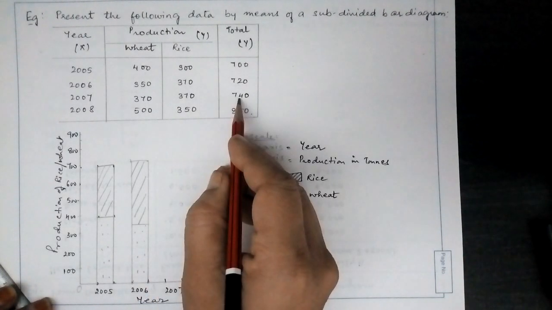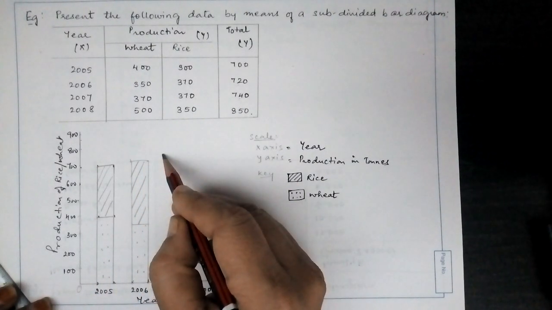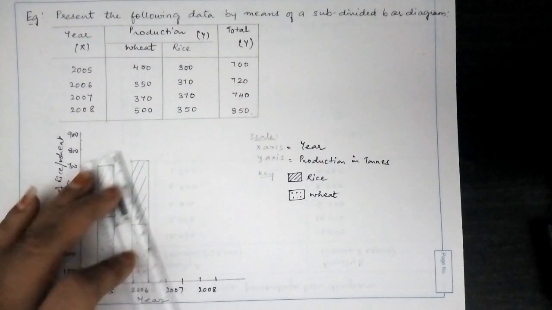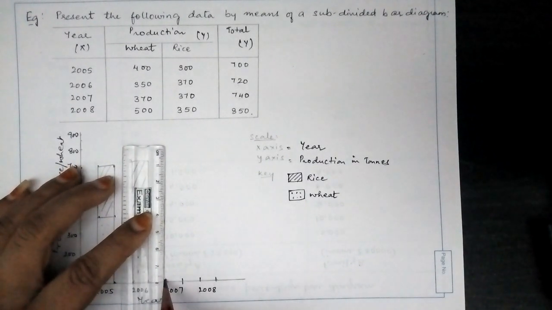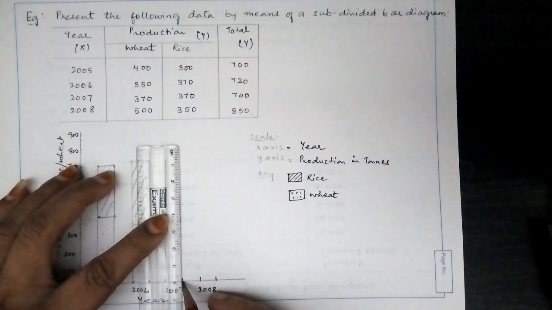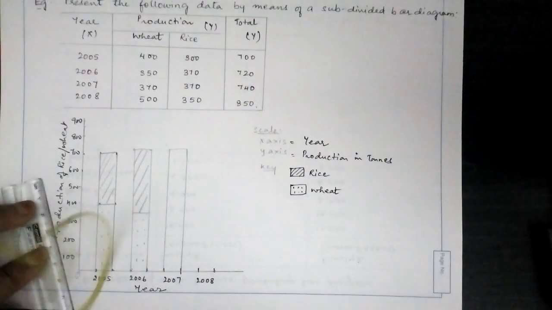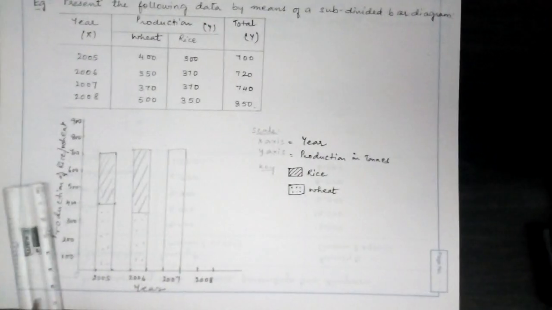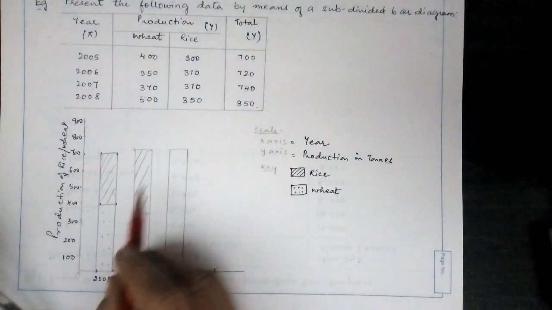The total is 740. So this is 720 we know. So a little above this would be 740. So let's try to draw 740 first. Here, and then what is the production of wheat? Production of wheat is 370.